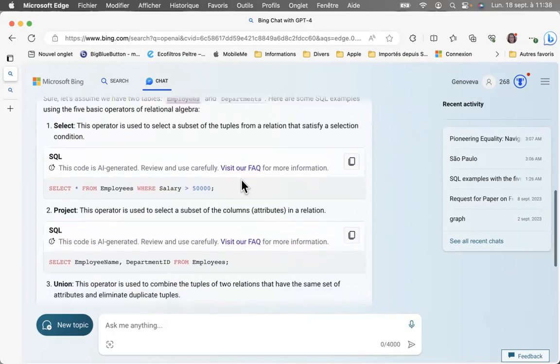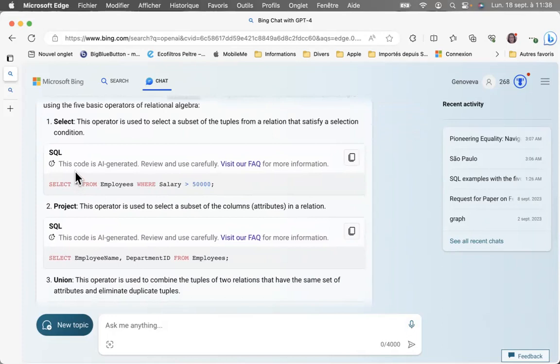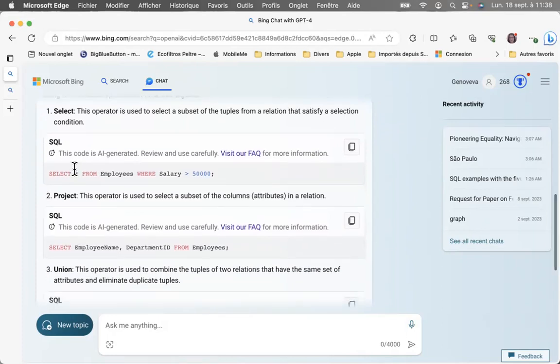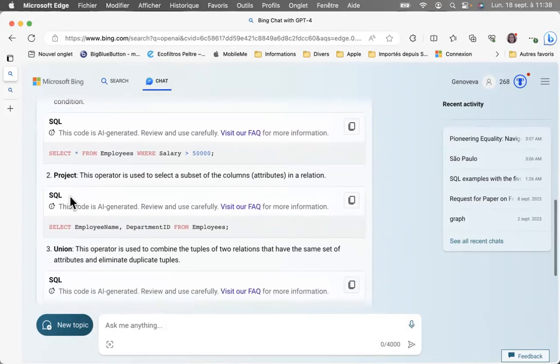Okay, so there is selection. Okay, there is a projection, and every time it provides us with the expression in SQL.